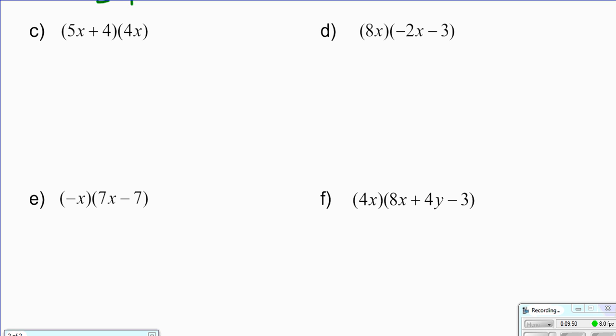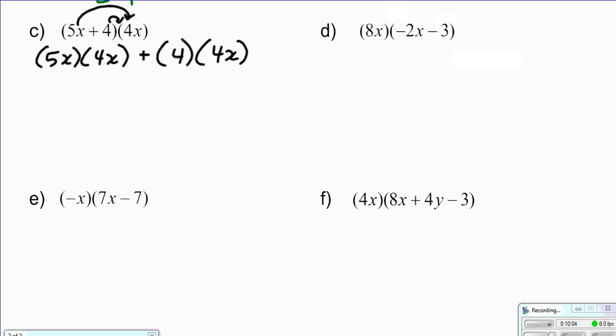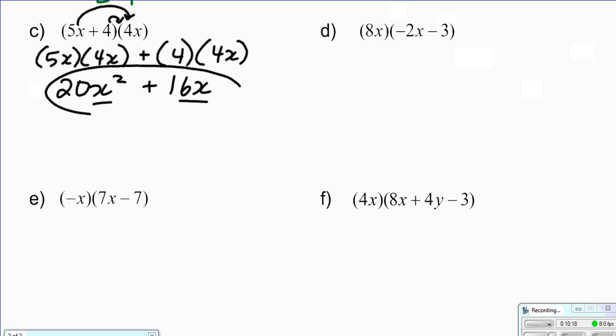So we need to go 5x times 4x, and we need to go 4 times 4x. So again, numbers with numbers, variables with variables, 20x squared plus 16x. X squared and x, same variable but different exponents, so not like terms, so that's as much as we can do.